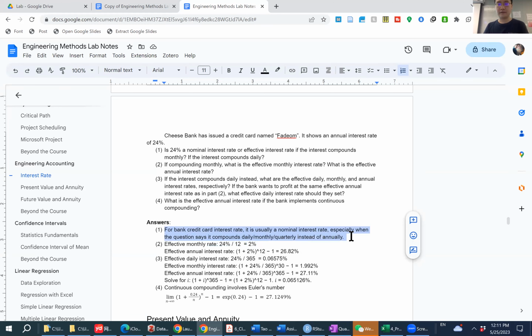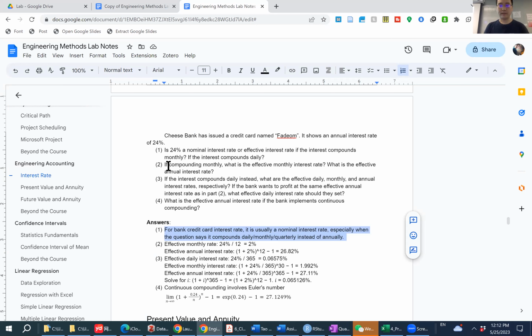So no matter whether it compounds monthly or daily, which is a more frequent assessment than an annual interest, this 24% is a nominal term. However, if the interest is accounted every year, then the nominal rate, 24%, coincides with the effective rate, also 24% per year.